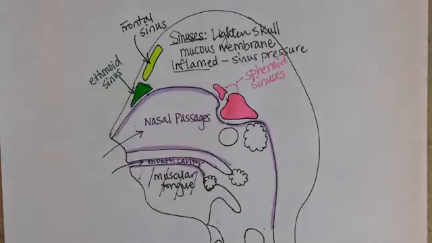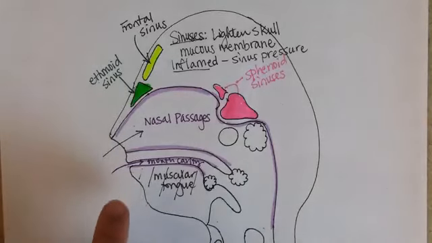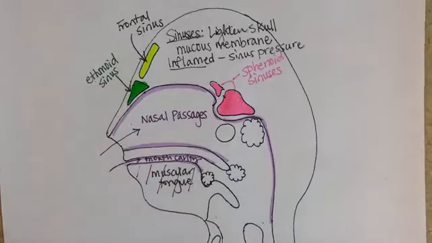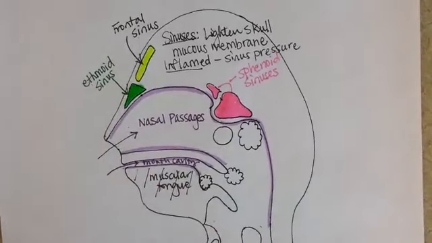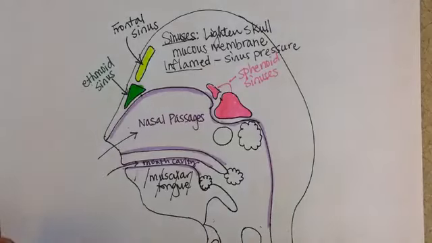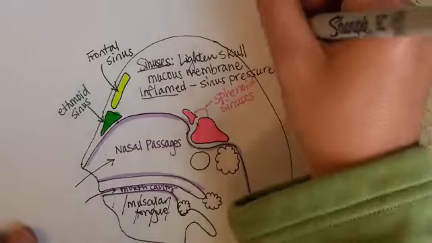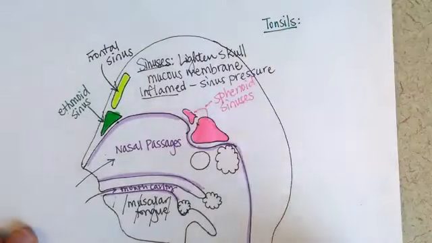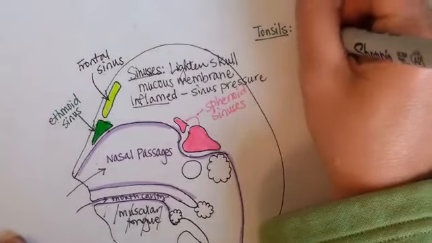Bacteria can also get into the sinuses because your tears drain down to your nasal passages, and those are connected with the sinuses as well. So it can be an area where you can get a bacterial or viral infection. But you have lots of tonsils to fight off pathogens that get into the respiratory tract.